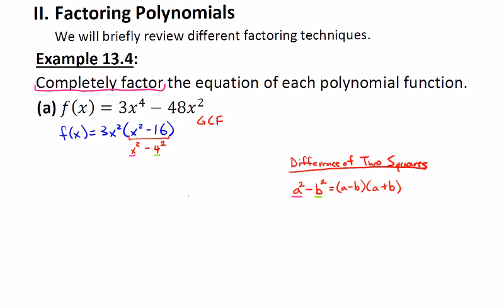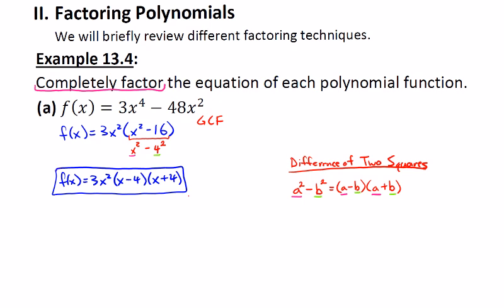So in my factoring pattern, everywhere that I see a, I'm going to replace it with an x. Everywhere that I see a b, I'm going to replace that with a 4. That's how this process works. So we would have f of x equals 3x squared times x minus 4 times x plus 4. And that would get us the complete factoring for this function.